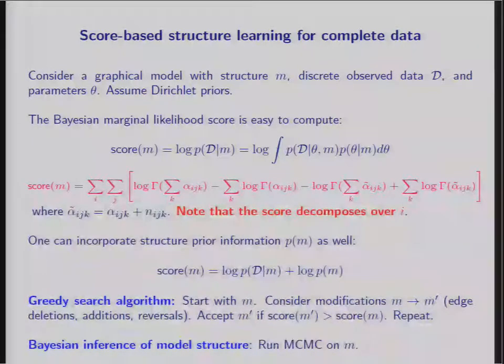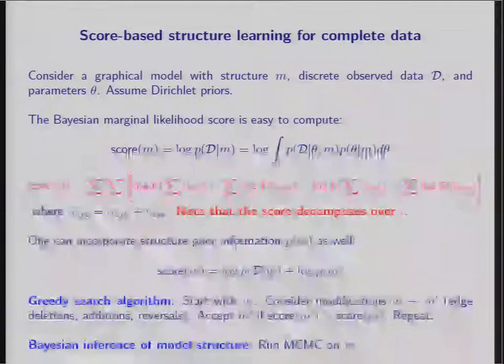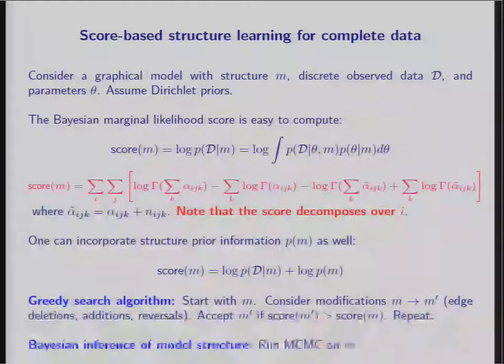If I end up with a node which has many, many parents, then it is true that these tables will have exponentially many elements in them. So this procedure doesn't really work very well if I don't bound the maximum number of parents that a node can have. That's a good point.